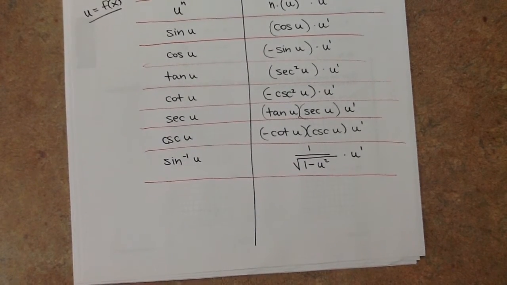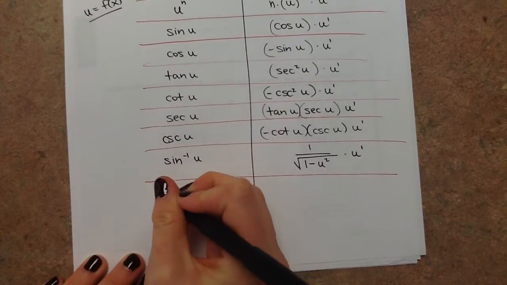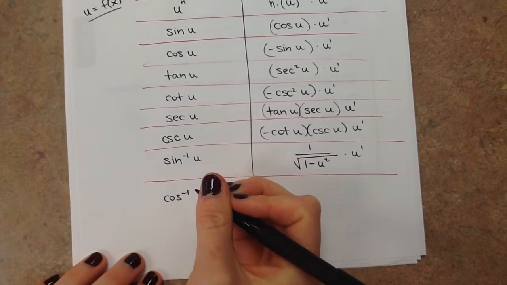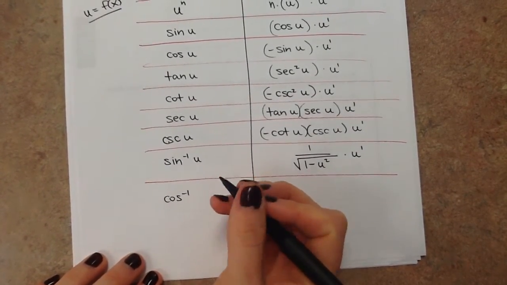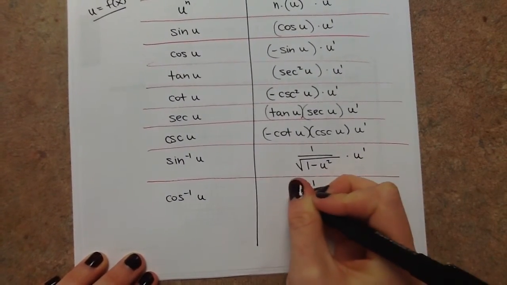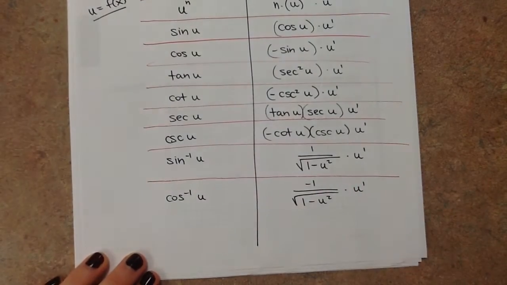What's the only difference between sine inverse and cosine inverse? Negative. Good. So I'm going to write that one, but really you only need to memorize 3 of them, and then just remember that cosine, cosecant, and cotangent inverse are just the negative version. So it'd be a -1, and then everything else is identical.